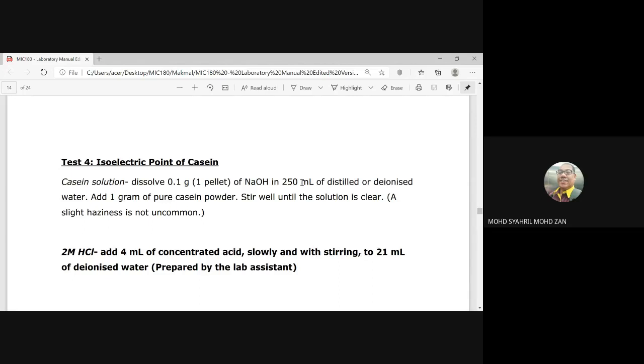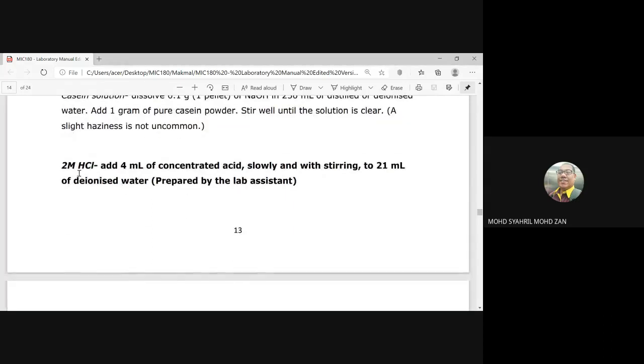So put in 0.1 gram of the pellet into 250 ml of water. Okay. And then add 1 gram of pure casein powder. Okay, stir well until the solution is clear. A slight haziness is not uncommon. So haziness may also occur, but it's not common, right?